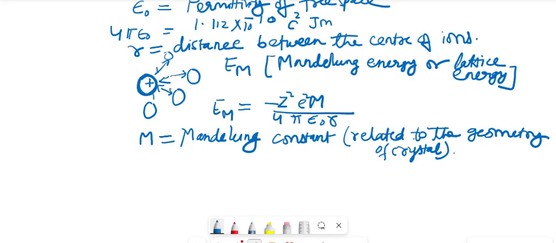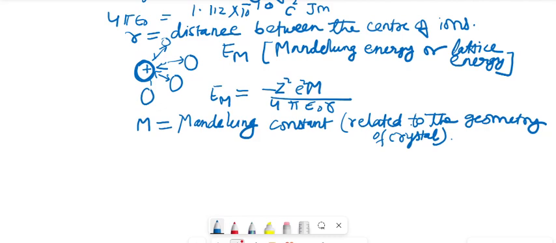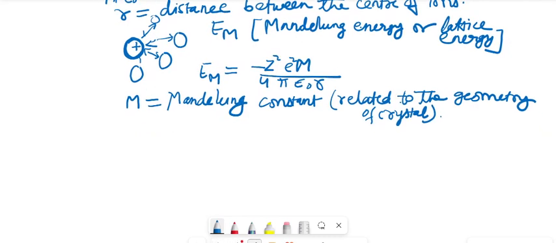It means that depending on the geometry of the crystal, the Madelung constant will also change. It is different for different crystals and the same for crystals having the same geometry.